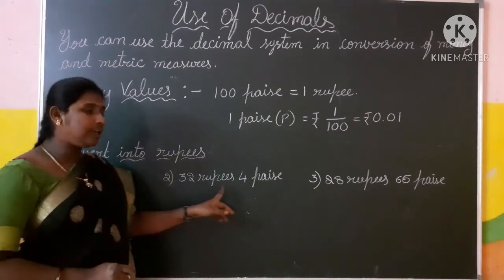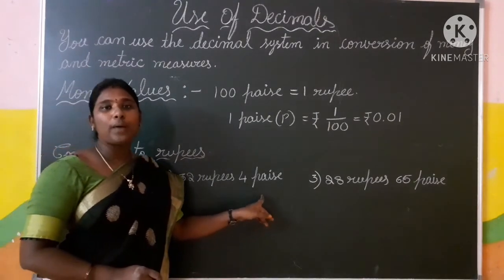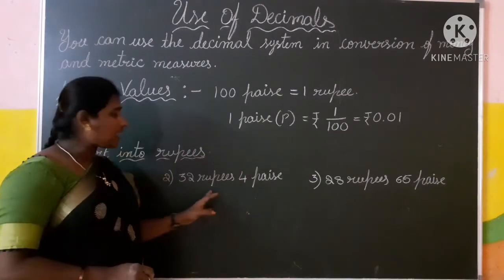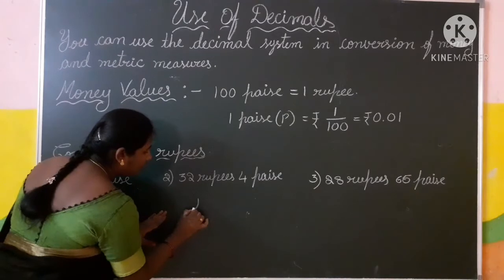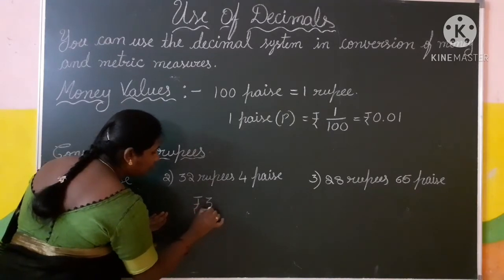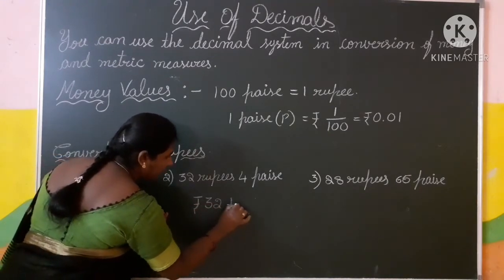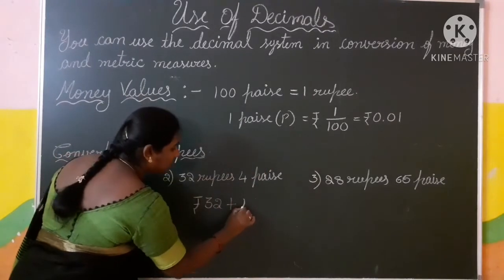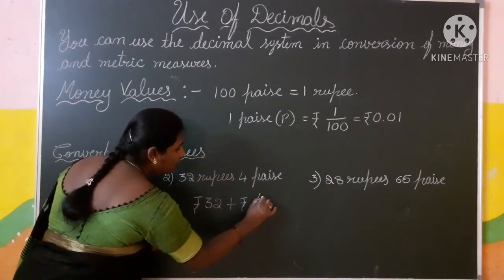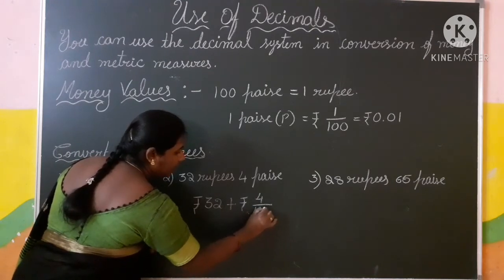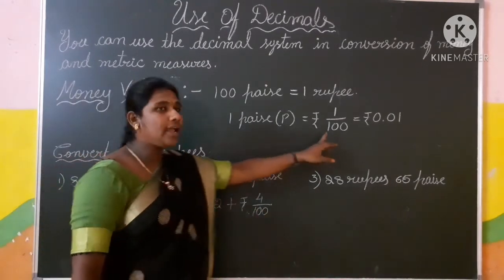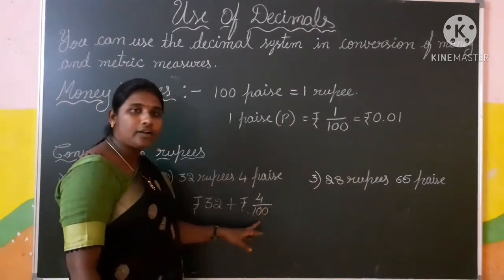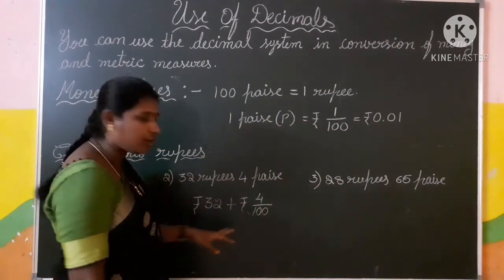Next one, 32 rupees 4 paise. How can we write this? Rupees 32 plus 4 paise. 1 paisa is 1 by 100 rupees, so 4 paise is rupees 4 by 100. 1 by 100 is equal to 0.01, so 4 by 100 is equal to 0.04.